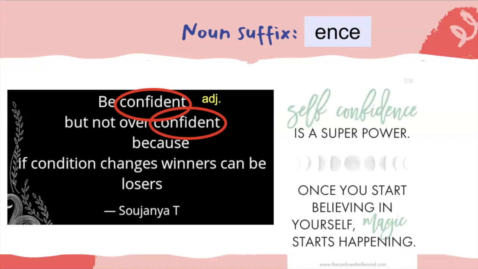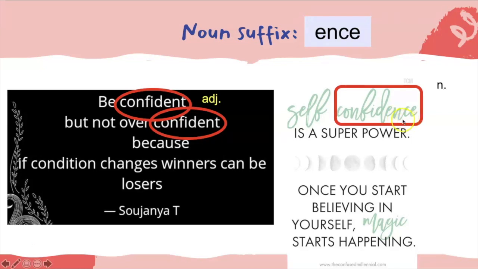Here comes another quote. Self-confidence is a superpower. Once you start believing in yourself, magic starts happening. Can you find the noun of the adjective confident here? Yes, it is very easy, right? Confidence is the noun of confident.